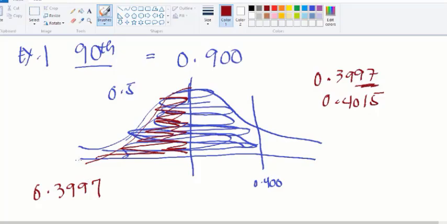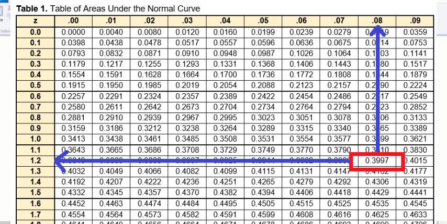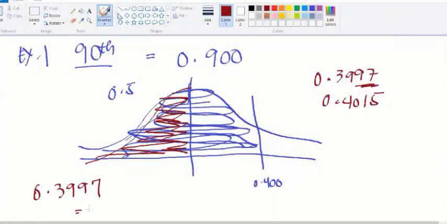And if you go backwards to find its value, the column is 0.08 and the row is 1.2. Therefore, the z-value of 0.3997 is 1.28.